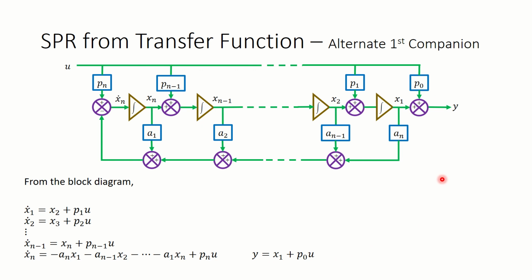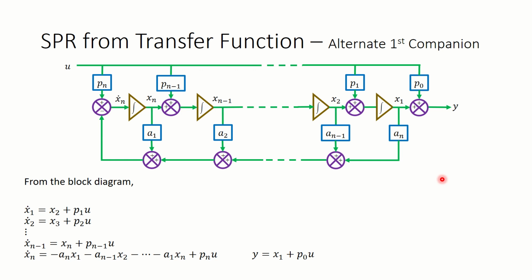So what is the difference in the alternate? We have tried to forcefully include u in every dynamics and in every equation, in the state dynamics as well as in the output. We have forcefully tried to include u in the block diagram itself.